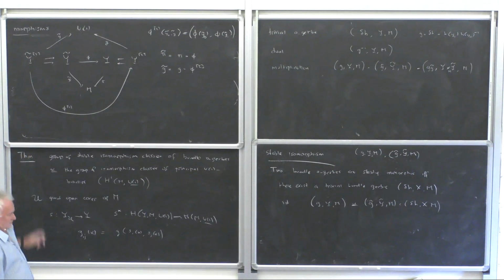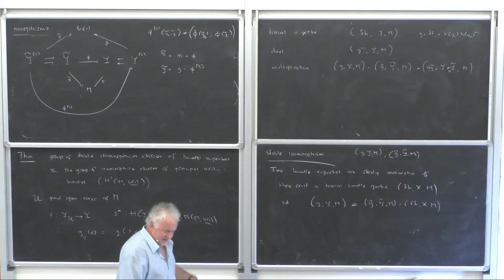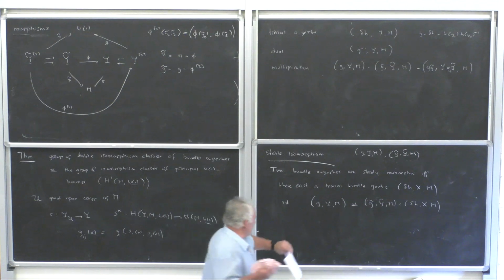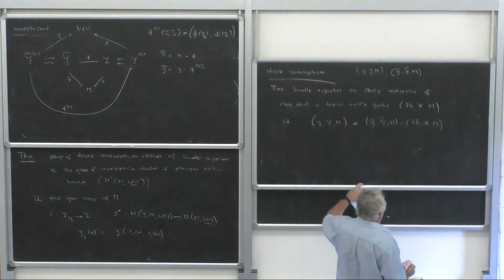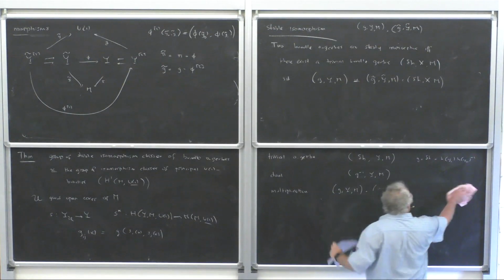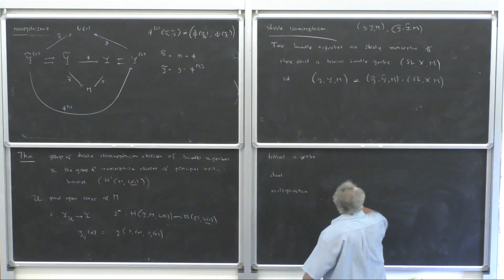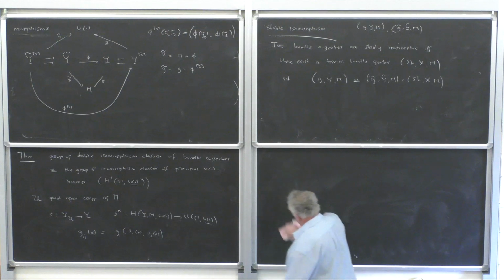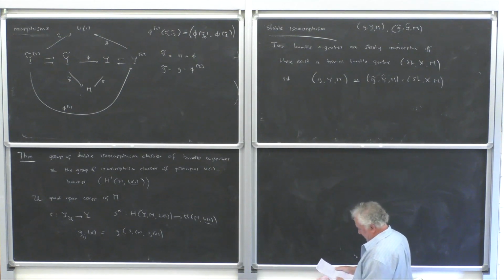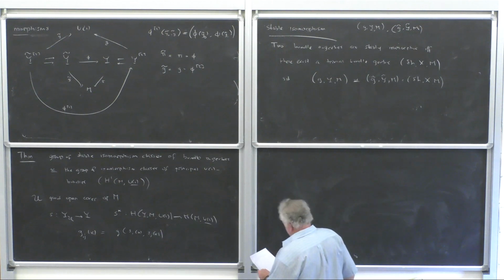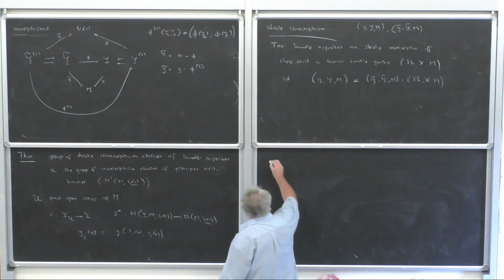Okay, so I don't want to prove every little detail of this theorem. I'm already seeing that I won't get anywhere near where I wanted to get to today. But essentially, I'll give you the construction.